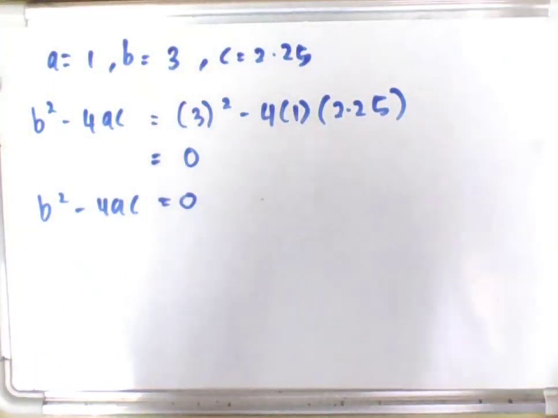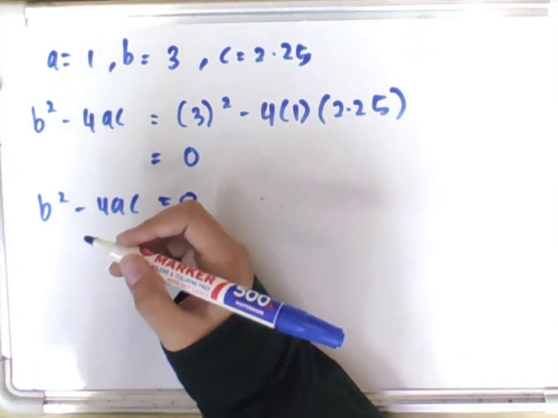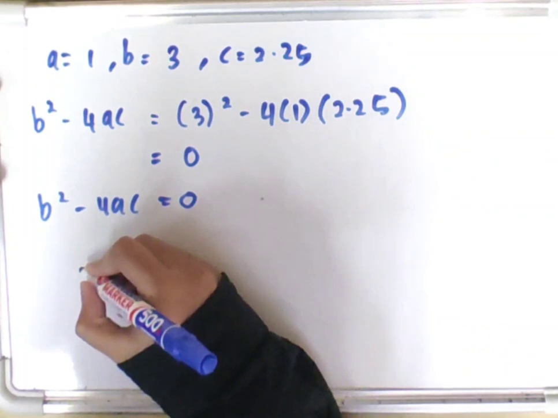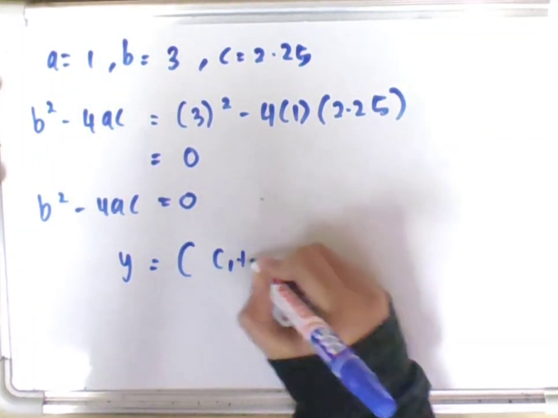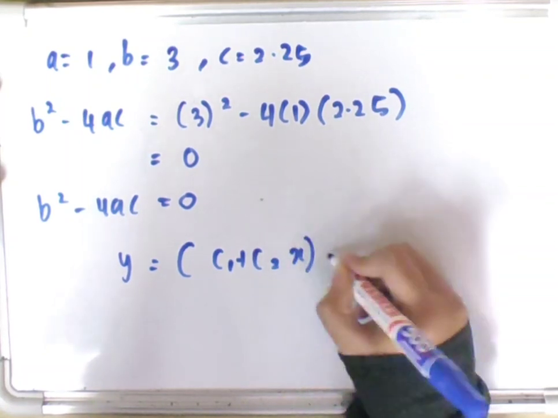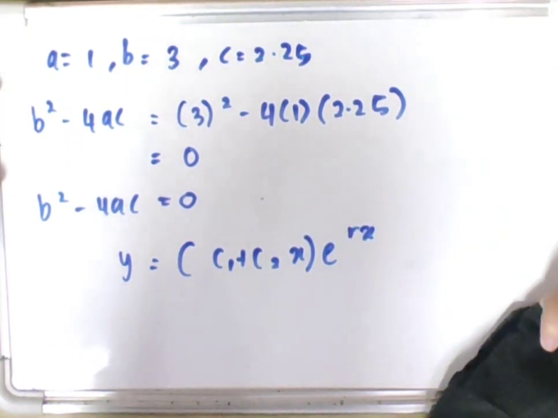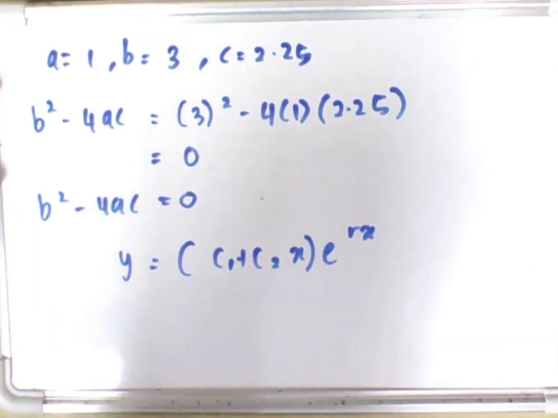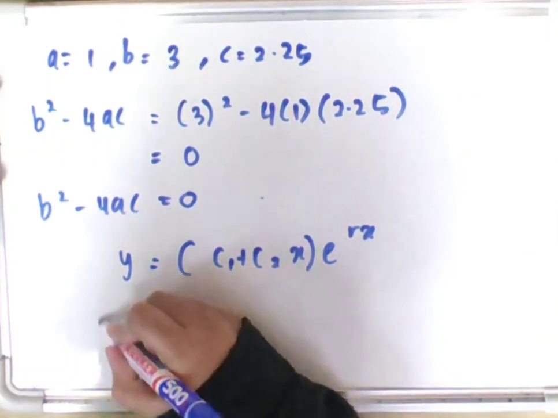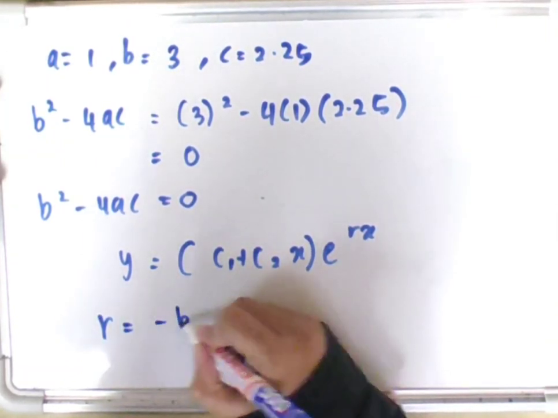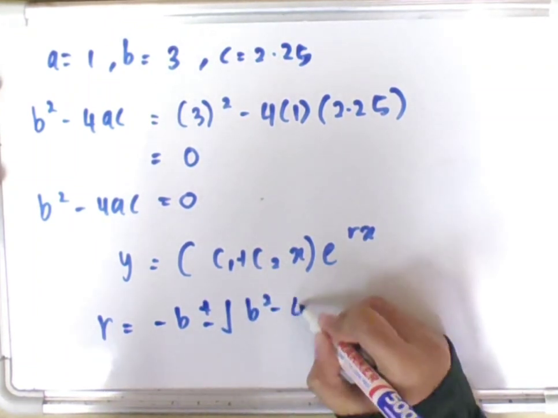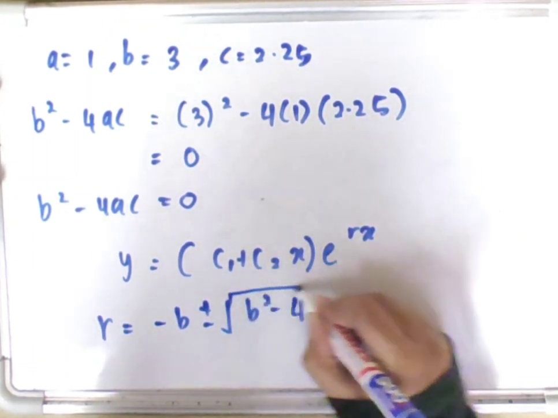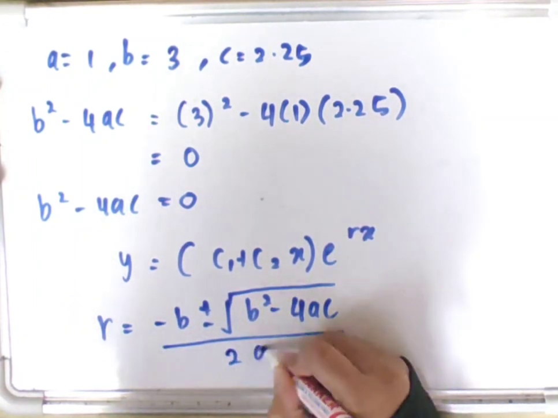Now we find the root r. r equals negative b plus or minus the square root of b squared minus 4ac, over 2a.